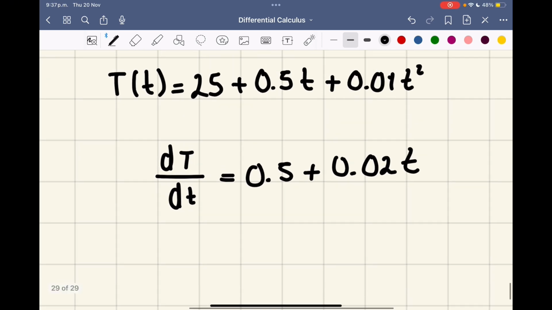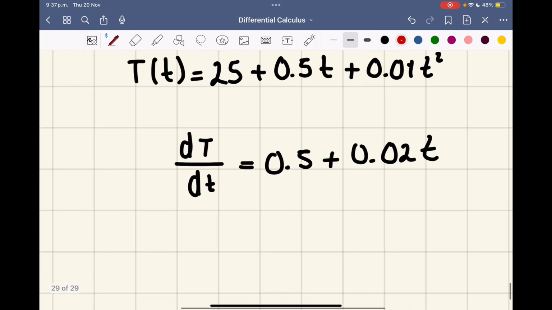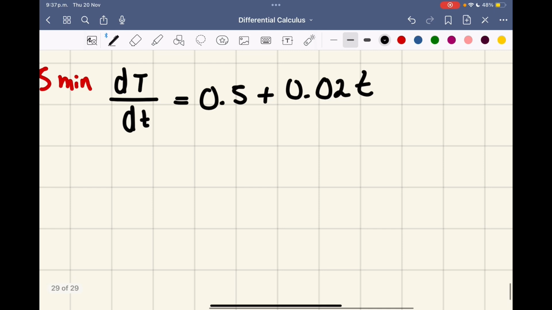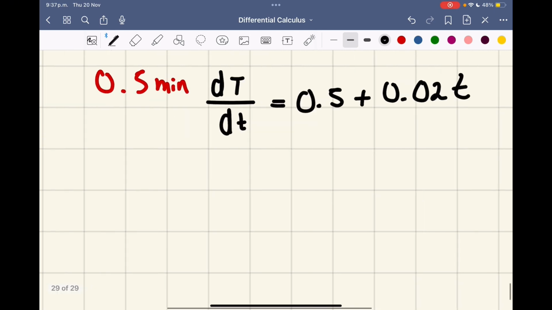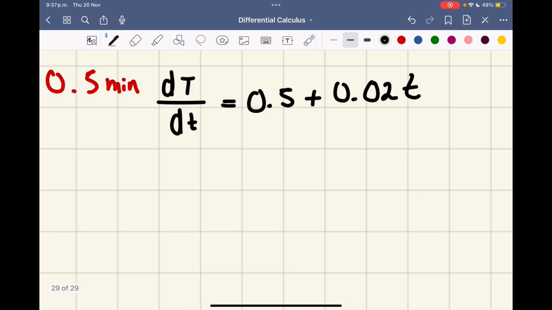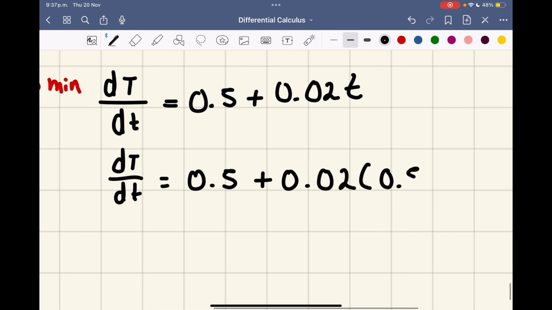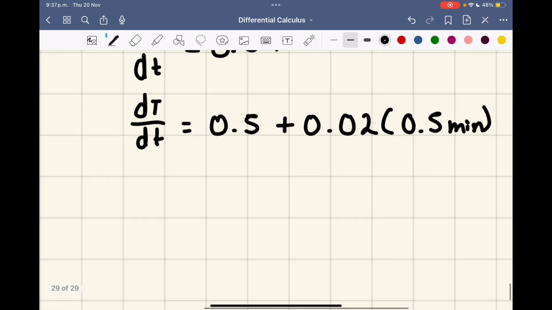We're checking at 30 seconds, which is 0.5 minutes, so we're going to change t to 0.5 minutes. So it will be 0.5 plus 0.02 times 0.5 minutes in here.